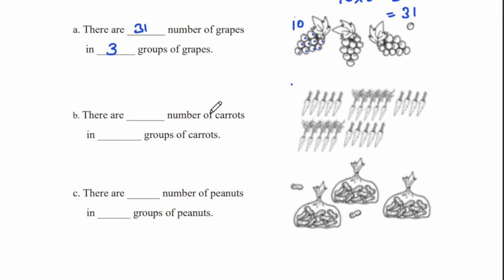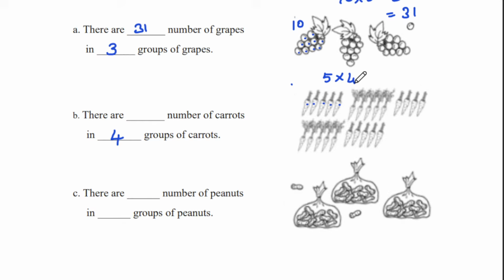So next we have carrots. There are dash number of carrots in dash groups of carrots. So how many groups we have? 1, 2, 3, 4. So totally we have 4 groups of carrots. And how many carrots in each group? We have 1, 2, 3, 4, 5. So 5 carrots in 4 groups.